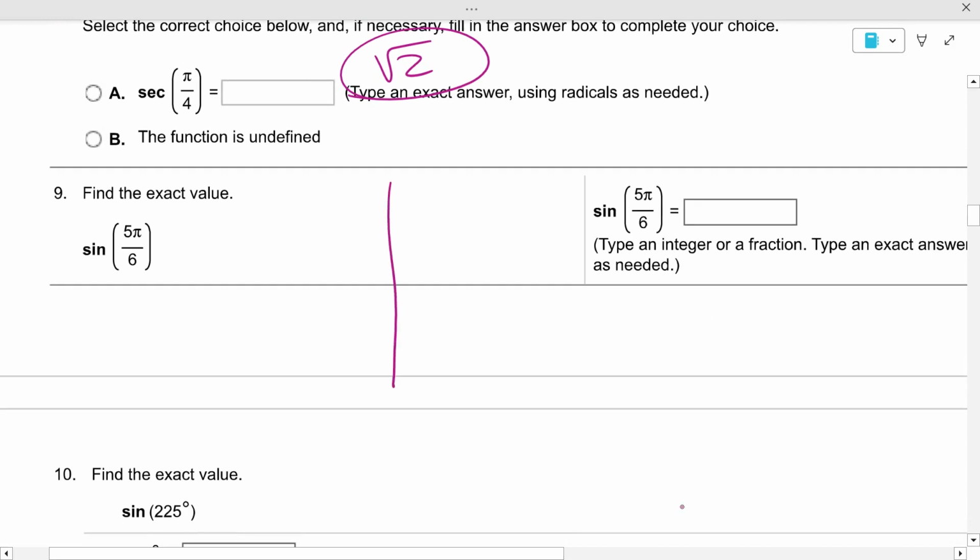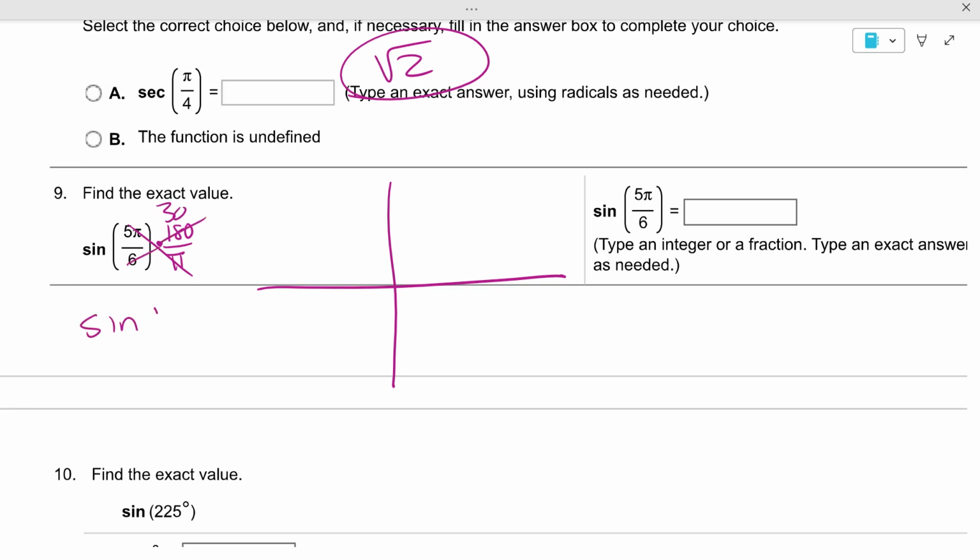5 pi over 6. 5 pi over 6 times 180 over pi. Pi's cancel. And 180 over 6 is 30. So it's the sine of 150 degrees. 150 degrees here is 30 degrees here.